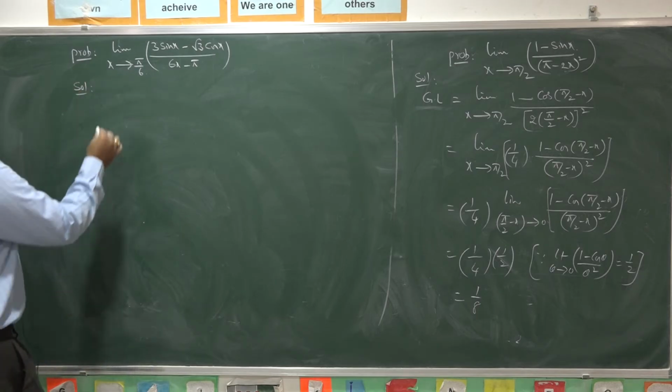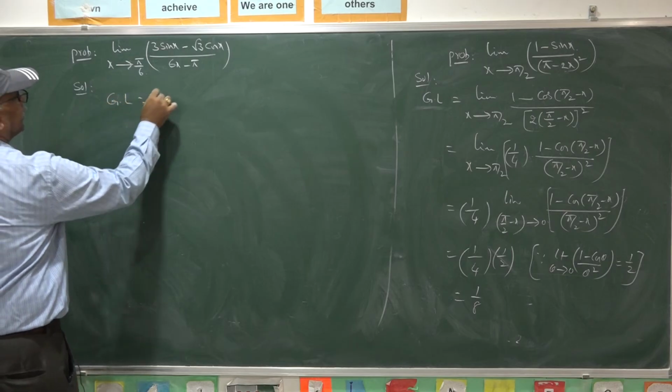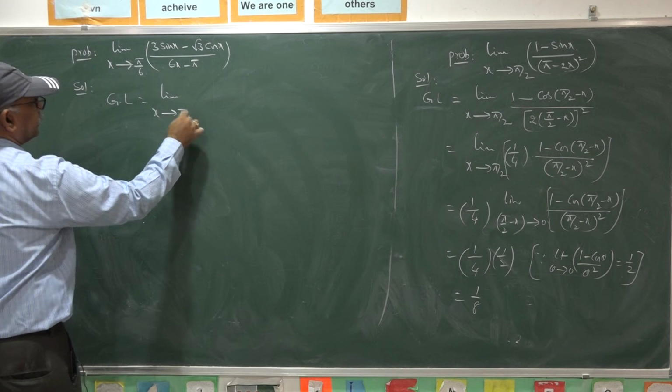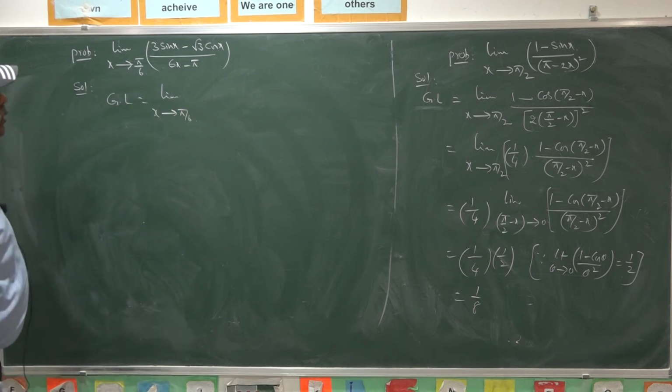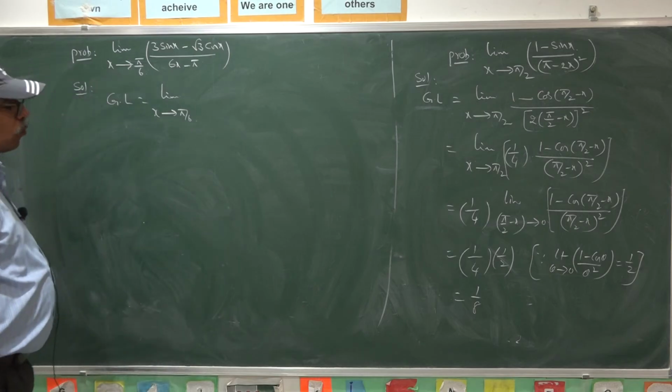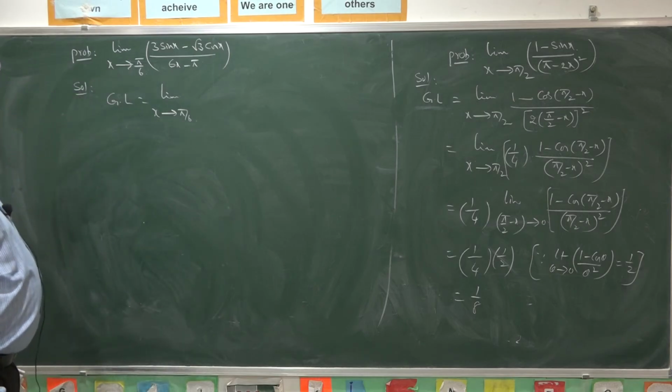Given limit is here. Limit as x goes to pi by 6. Divide the numerator and denominator with 2 root 3.